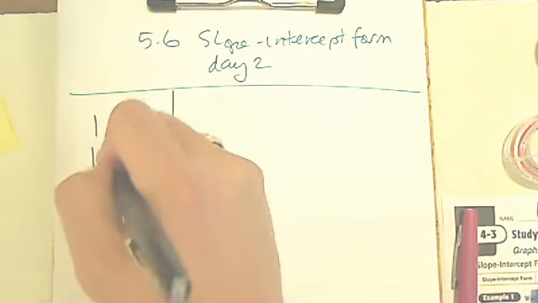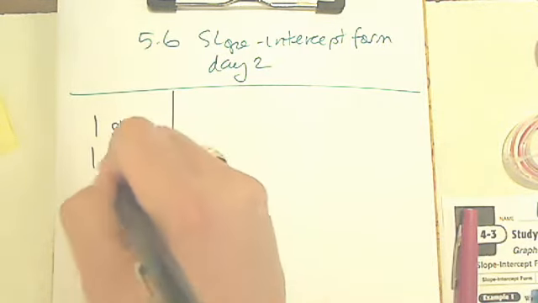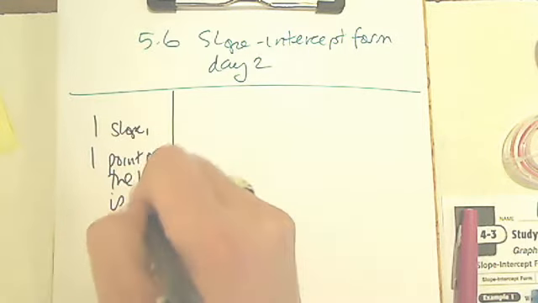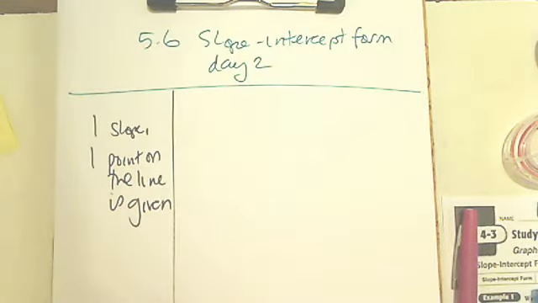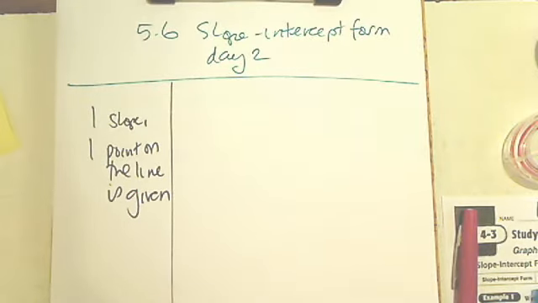One slope, one point on the line is given to us. Yesterday we graphed the lines by looking simply at the equation without using a table. We had to identify the slope and where the y-intercept crosses the y-axis.